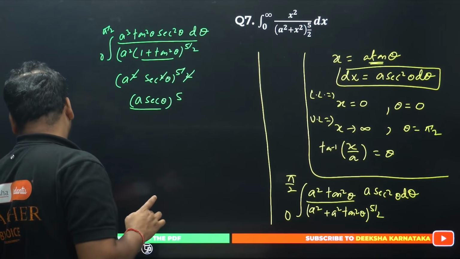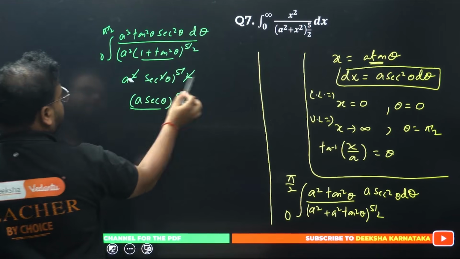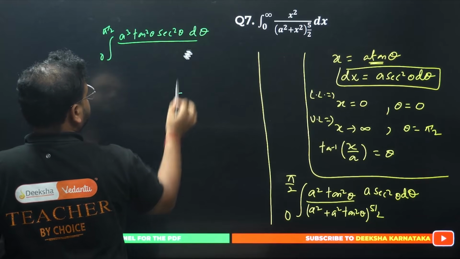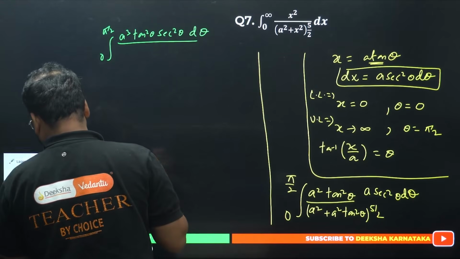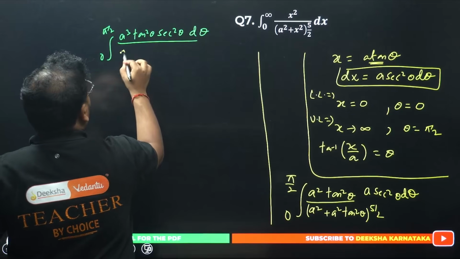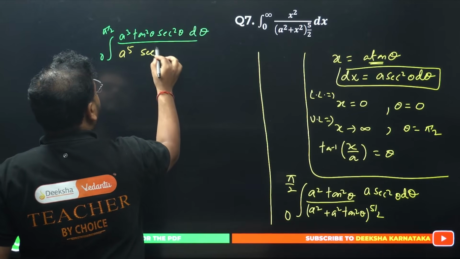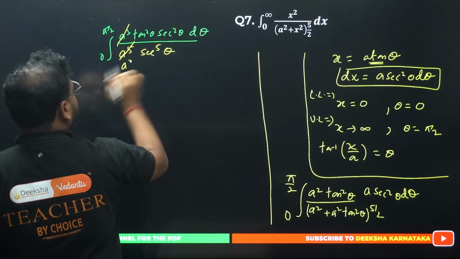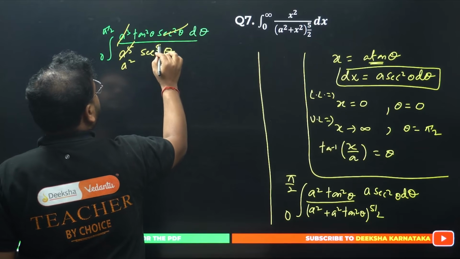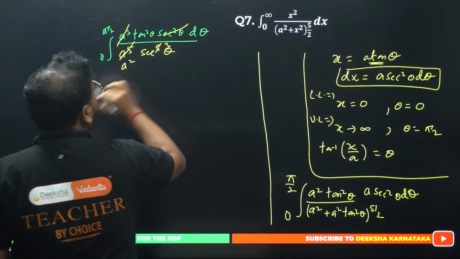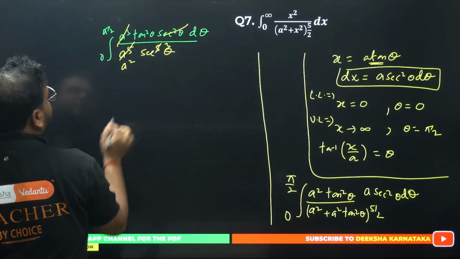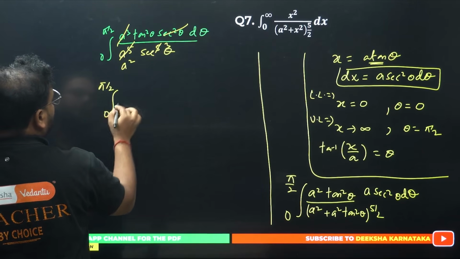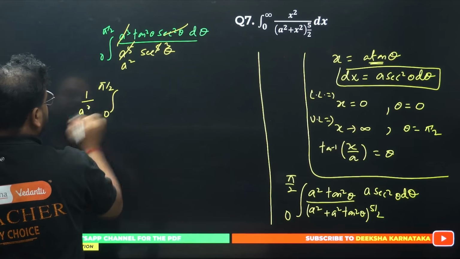Please check. This will become a power 5 sec power 5 theta. A cube cancels with a square, and sec square also cancels with sec power 5, leaving sec cube. What I have now is the integral from 0 to pi by 2, with 1 by a square as a constant outside.